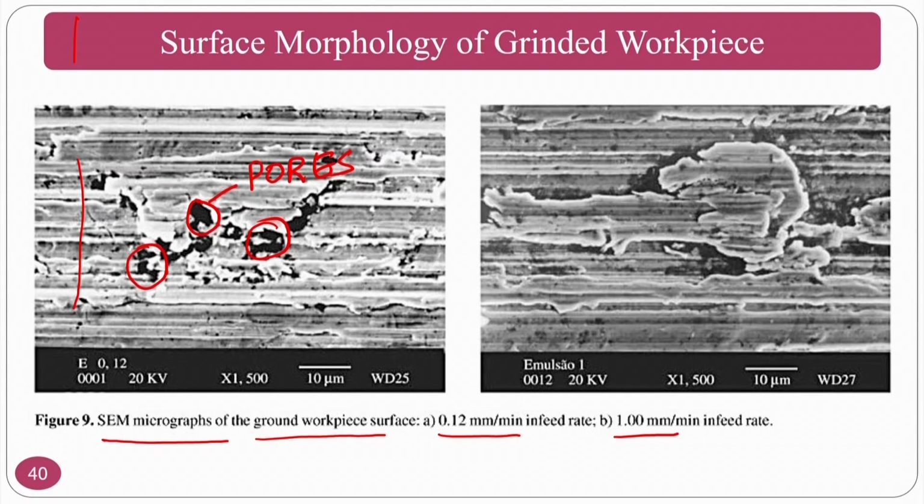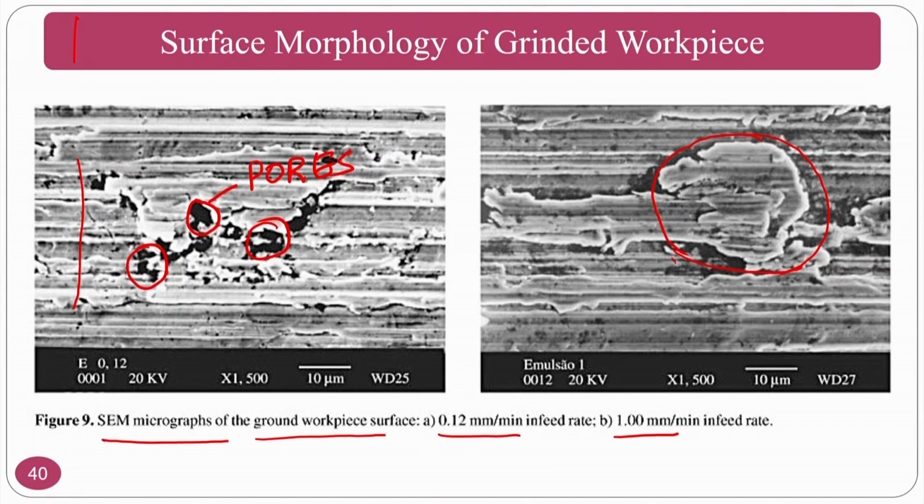So, the plowed material is deformed along the direction of the grinding wheel rotation. This chip which has to be removed is adhered to the surface, and the next abrasives that come put a lot of radial force, so it is smeared there itself. That means these types of surfaces are there.